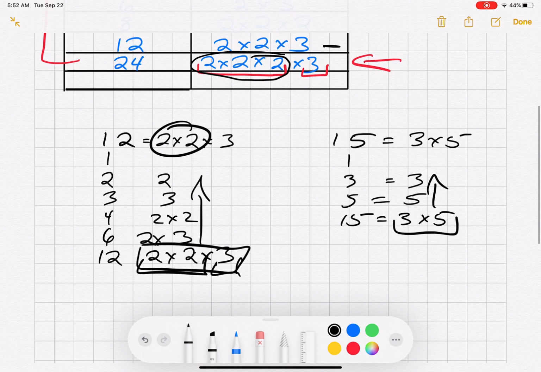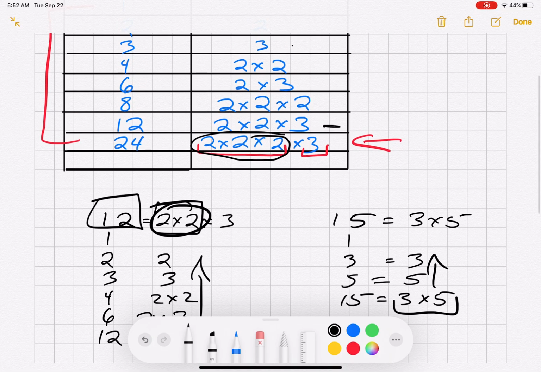So this 12 is a factor of 24 and it does not have more than 3 2's. 15 is not a factor, but we were just checking that out, right? Any factor of 24 has at most as many 2's and 3's as 24.